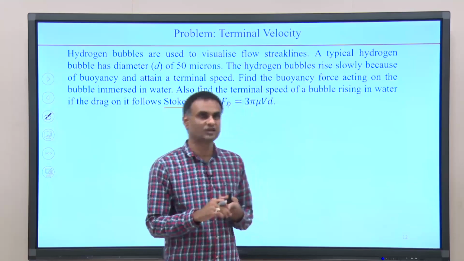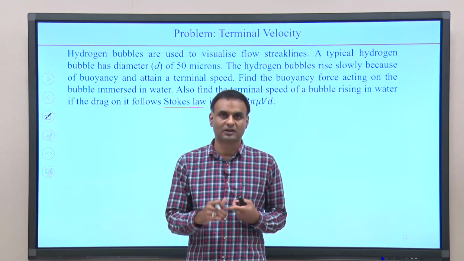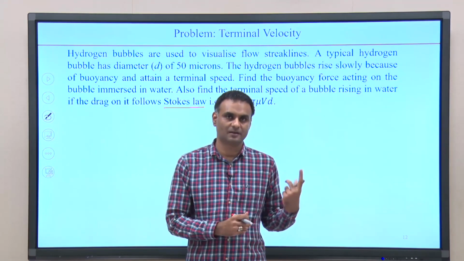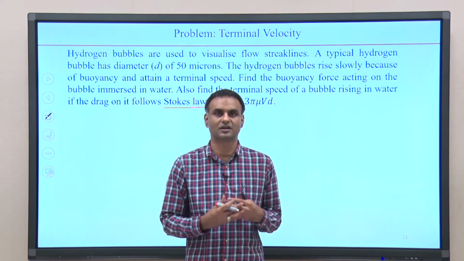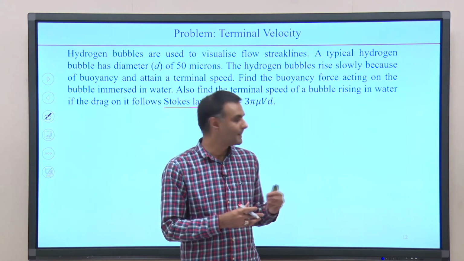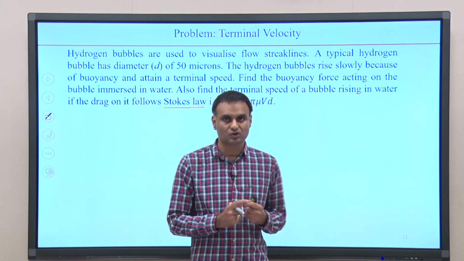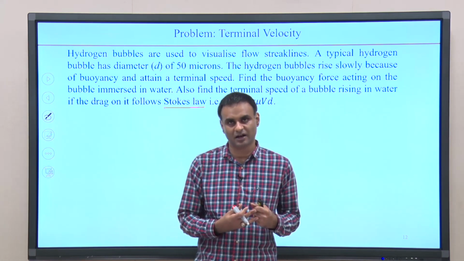So, when the fluid velocity is very small and the length scale, in this case the bubble diameter, is very small, the Reynolds number is sufficiently lower than 1, and then we can call the flow Stokes flow. We will discuss it later on.